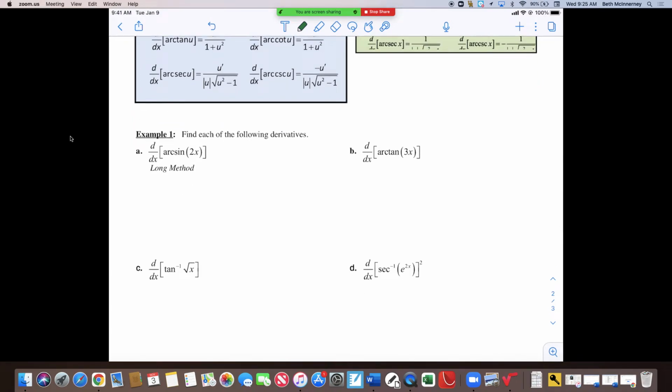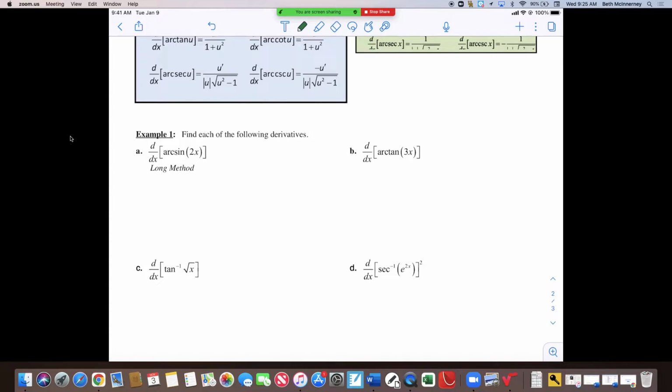So I'm going to do the long method, and then after that, we're going to try to remember the formula. The nice thing is, if you're on a quiz or test, you can always develop it from switching x and y, drawing a triangle. You can figure it out.